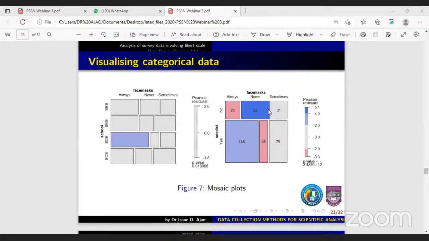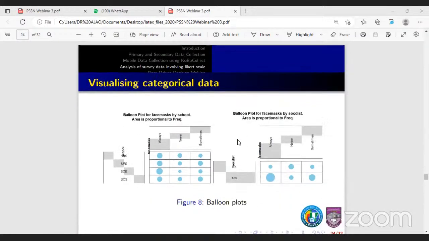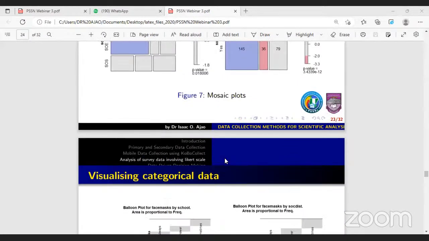This is just the visualization of categorical data. This alone goes a long way in our research. It's not only when we write p-values and take decisions. We can take decisions from this place because this is already showing it to us. The p-value is showing here. That's the mosaic plot under categorical data. Now, visualizing categorical data again, we can use balloon plots. All these are carried out using R.